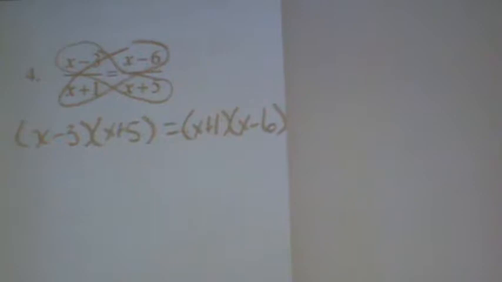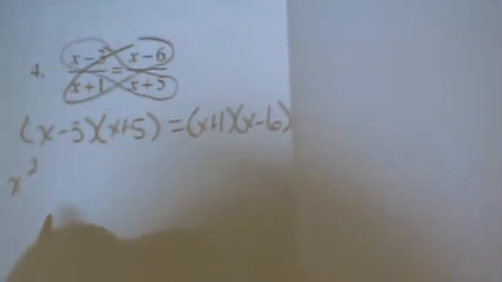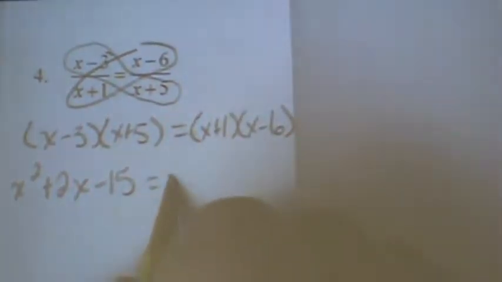So now we have to FOIL these. So foiling the first one, we're going to have x squared plus 2x minus 15 equals x squared minus 5x minus 6.